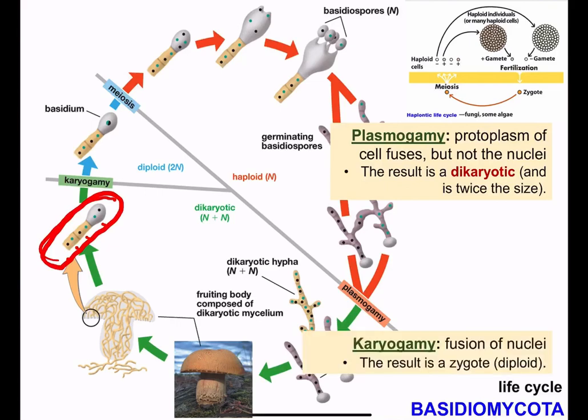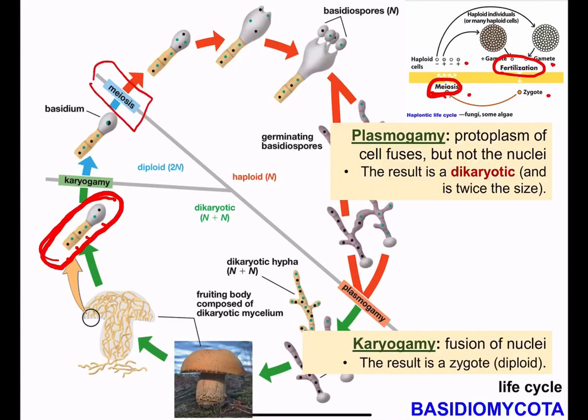Okay, so karyogamy and plasmogamy are 2 different phases of fertilization. Remember, in all the life cycles we've talked about previously, we have just meiosis and then fertilization. Those are the 2 big life events. Meiosis makes a cell go from diploid to haploid. Fertilization makes a cell go from haploid to diploid. Well, they still do have meiosis, and meiosis is exactly the same.